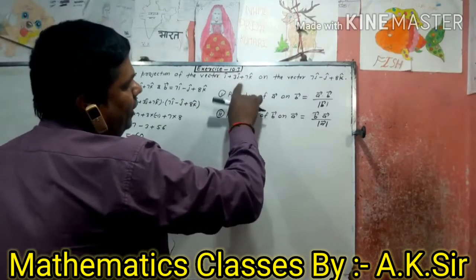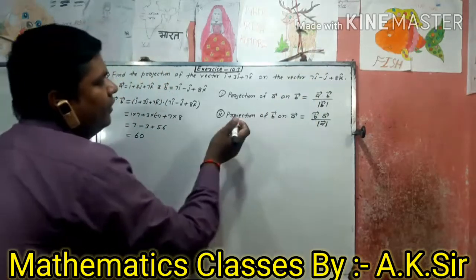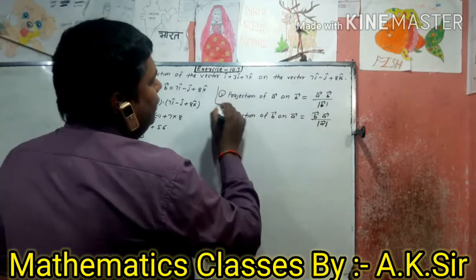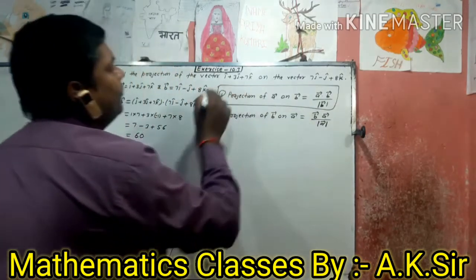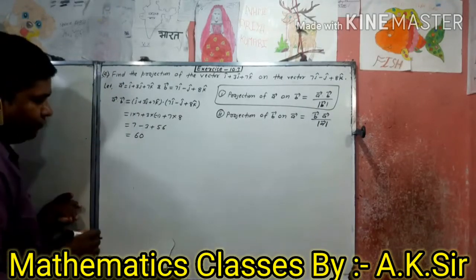Vector A on the vector B means projection of A vector on B vector. This formula is applied for solving this question 4.